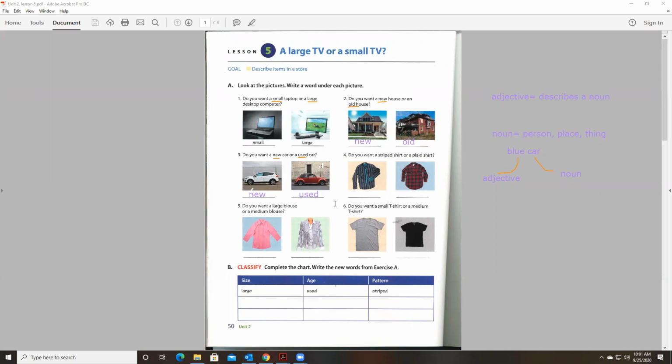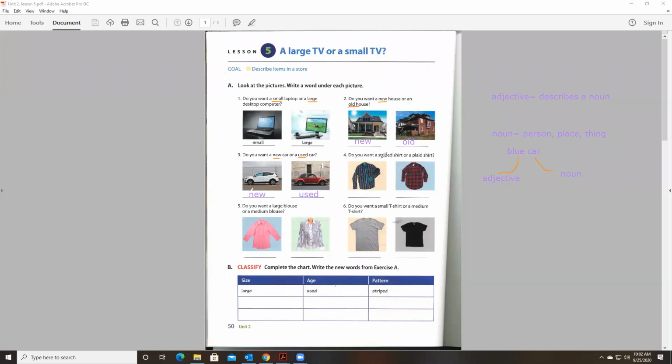Look at number 4. Do you want a striped shirt or a plaid shirt? Okay, sorry if you hear the weather alert.